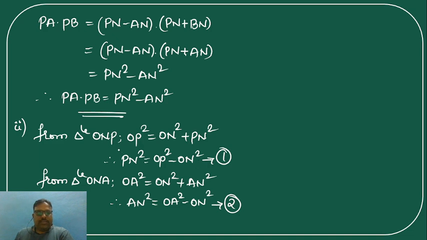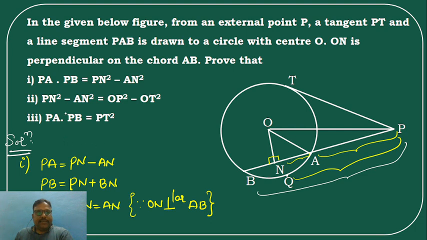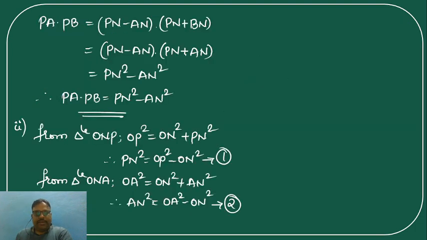Now, if you check, what we have to prove is that PN square minus AN square is the LHS, right? I got PN square, I got AN square. Let us subtract these two equations, equation 1 minus equation 2. LHS gets subtracted, RHS gets subtracted.